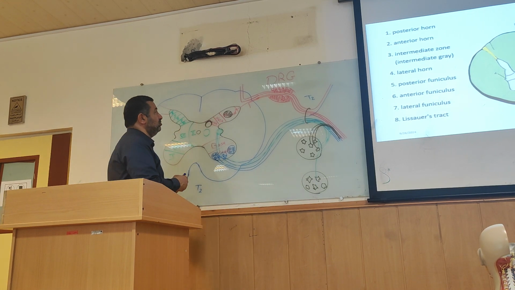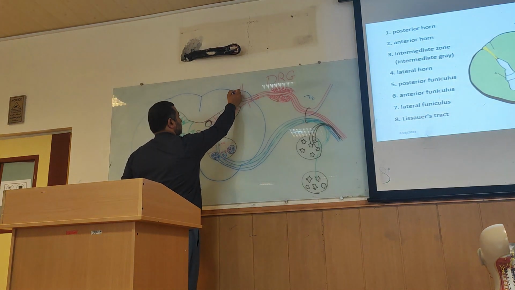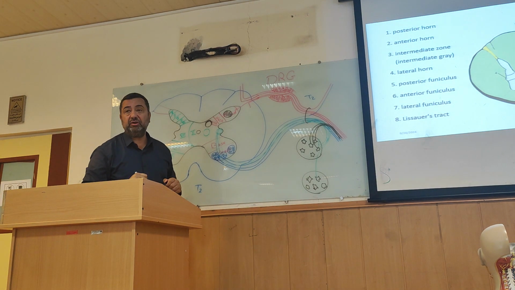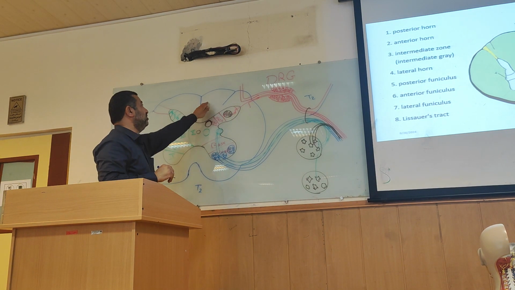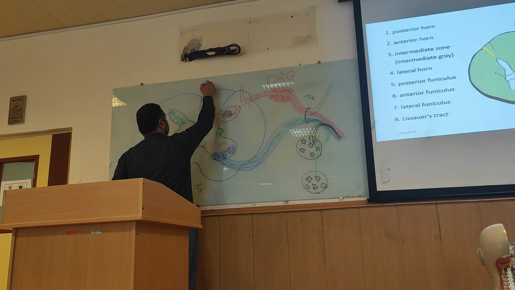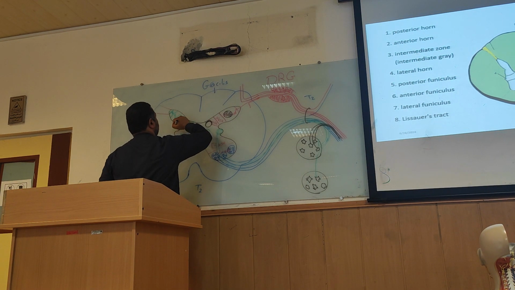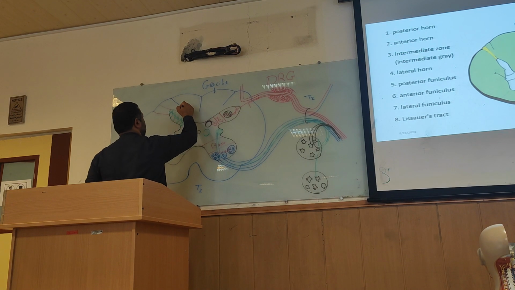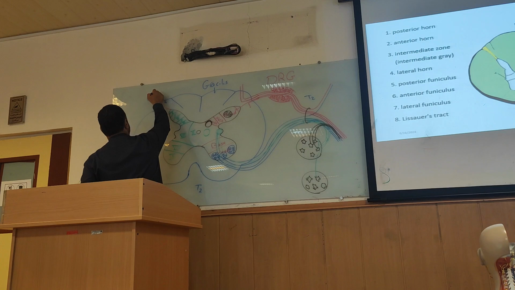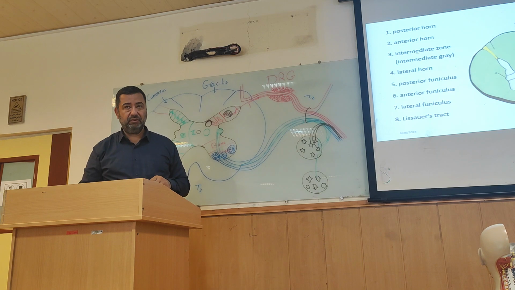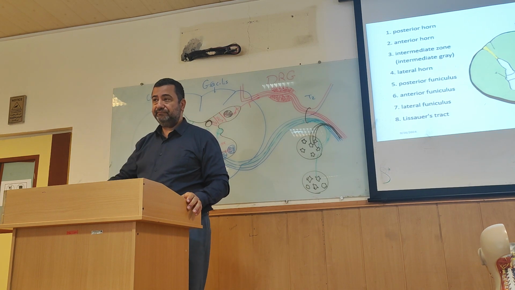In the posterior funiculus, there are 2 fasciculi. Fasciculus gracilis is here, and fasciculus cuneatus is here. This is fasciculus cuneatus. Okay?